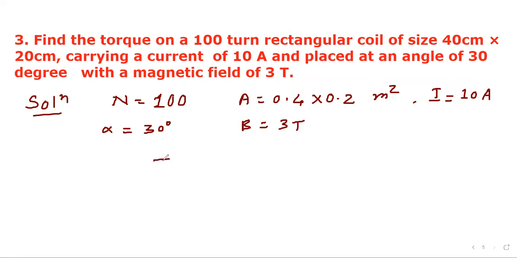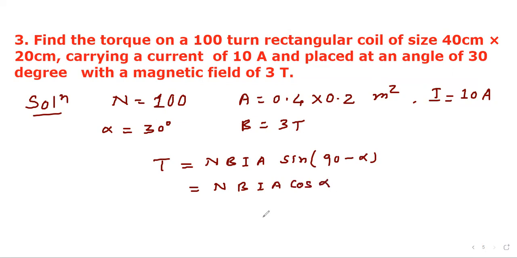If you remember, I told you when the magnetic field makes an angle alpha with the plane of the loop, in that case, the formula of torque changes to NBIA times sine(90 minus alpha). So it becomes NBIA cos alpha.